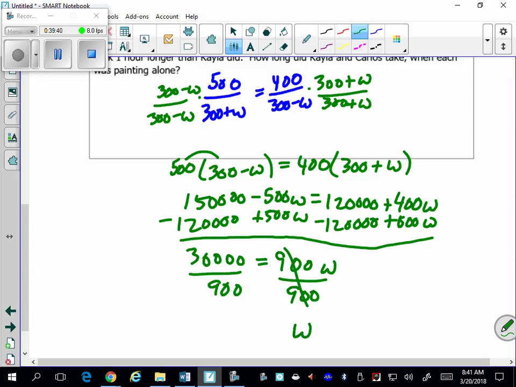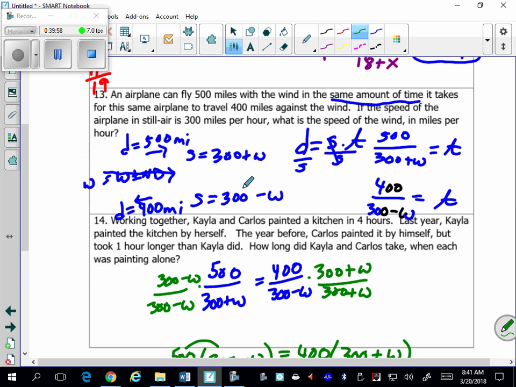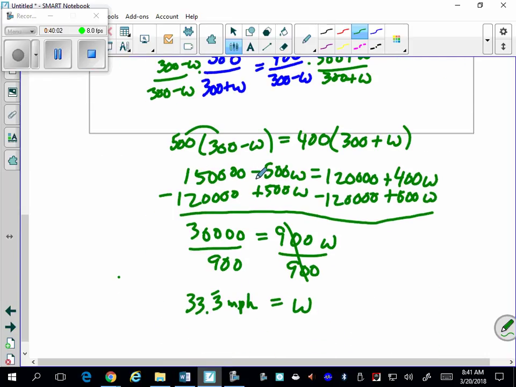They were talking miles and hours, so 300 miles per hour, so we just keep the same label. So 33.3 miles per hour is the wind speed. And this is how airlines figure out when planes are going to land, when they're going to get to each airport. So they do this all the time.